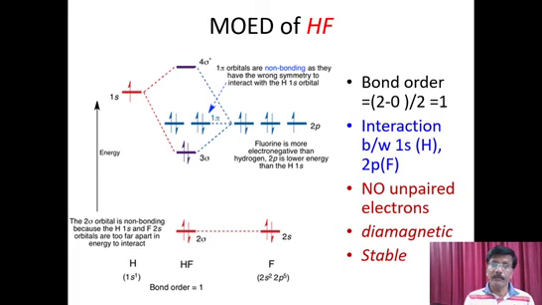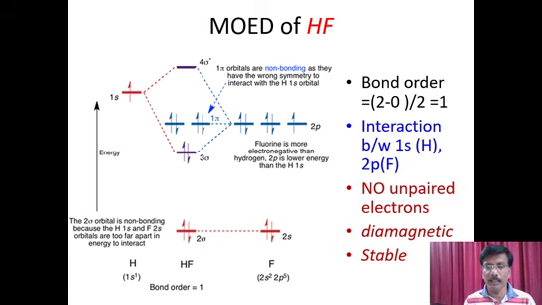How many electrons in total? From hydrogen's 1s there is one electron, and in the p orbital of fluorine there is only one electron. So there are only two electrons. Therefore, the two electrons fill the bonding molecular orbital, and the sigma star anti-bonding molecular orbital is empty.